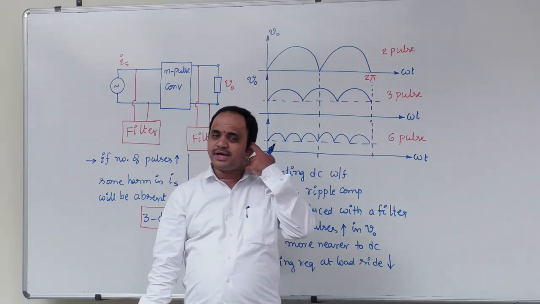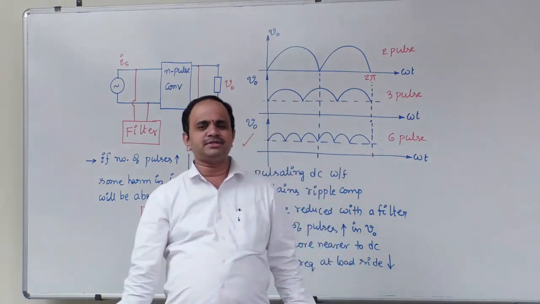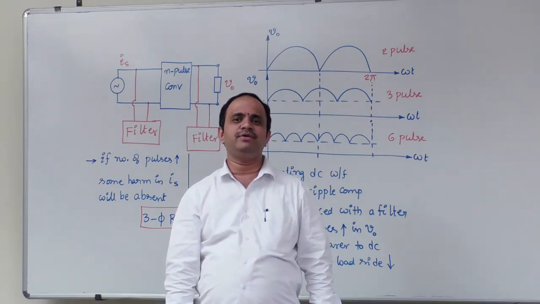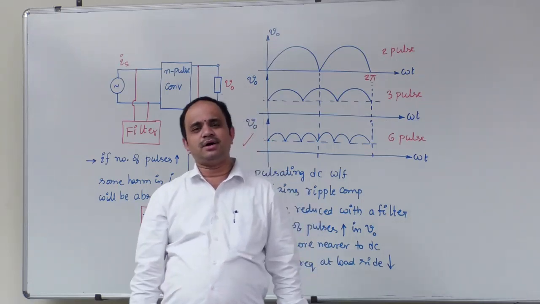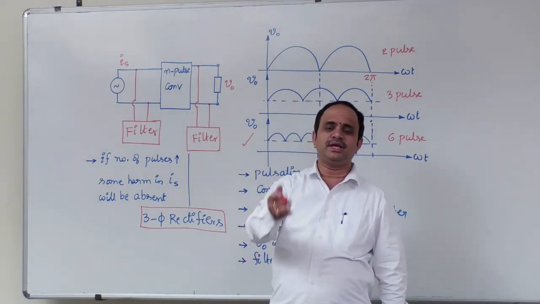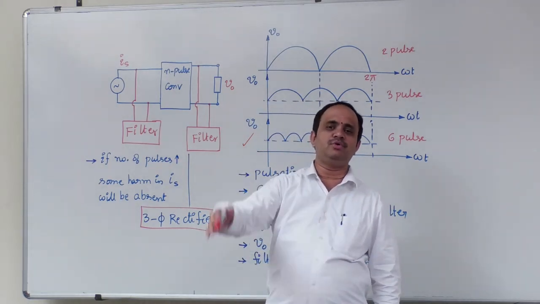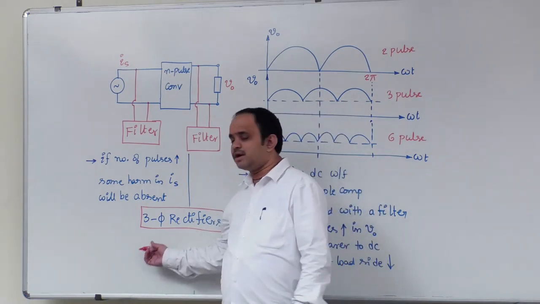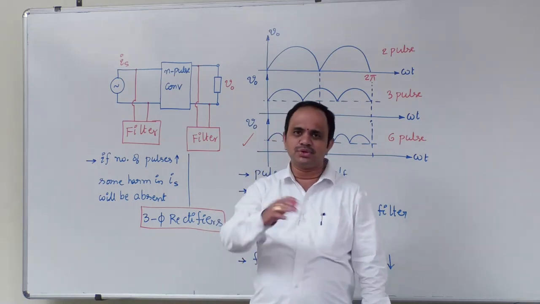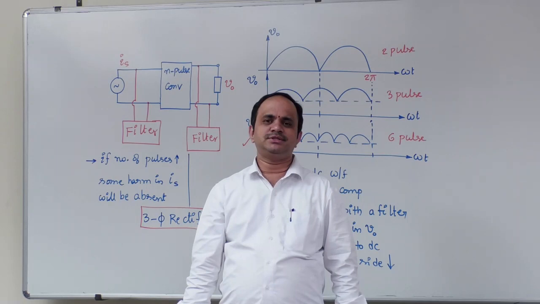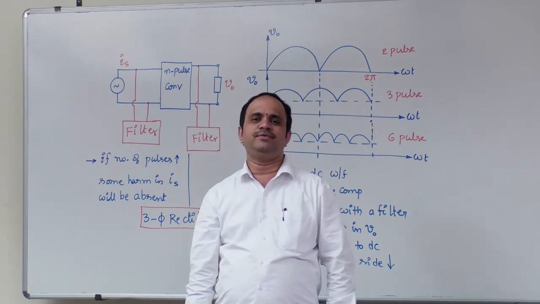Now in those fully controlled or full converter circuits, what we have seen is that the source current waveform was a square waveform and it contains all odd harmonics. Now if you operate the circuit with more number of pulses instead of 2 pulses, in the next classes we will see that some of the harmonics will not be present on the source side, and the load side output voltage waveform is nearer to a DC waveform.